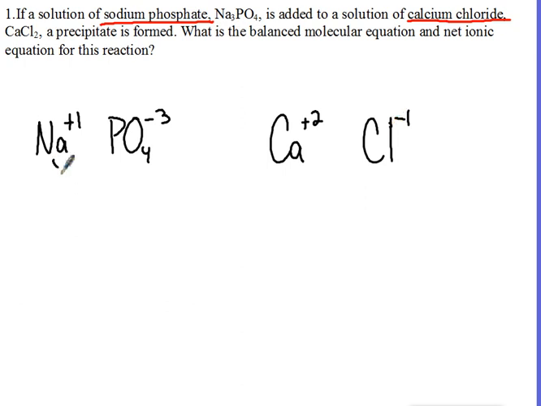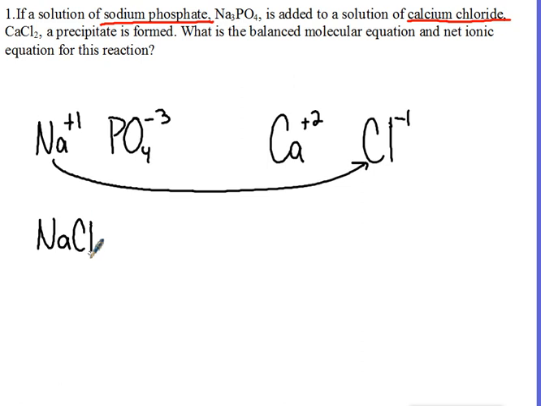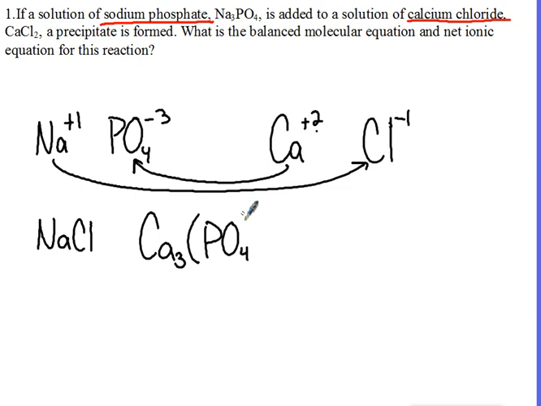When we write our new compounds, we're going to put a cation with an anion. So we get NaCl. And then this cation with this anion. And remember, to balance our charges, I'm going to need 3 calciums and 2 phosphates in order to make a zero balance.